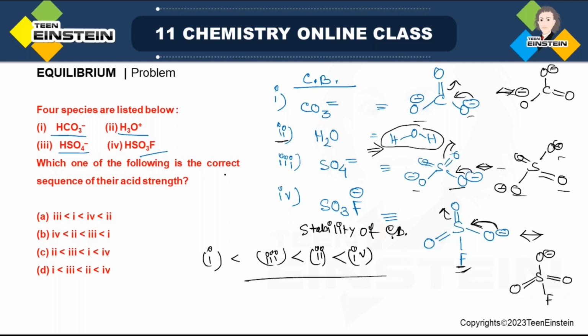But remember, we have to find the correct sequence of acid strength order. But acid strength order is the same as the stability order of conjugate base. So that is why 4231 will also be the acidity order of these 4 species. So the correct option is option D. Here also it is 4, 2, 3 and 1. Fine.